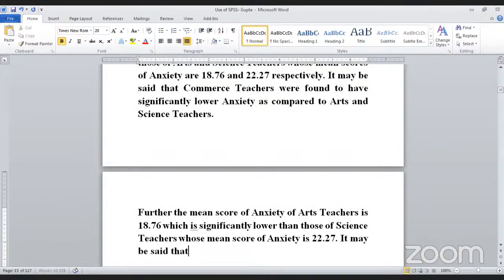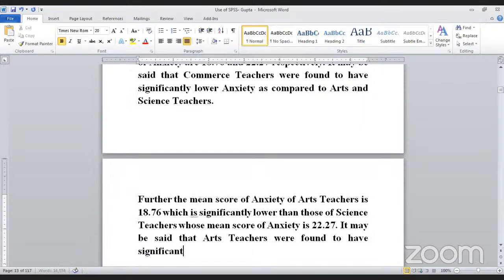It may be said that arts teachers were found to have significantly lower anxiety as compared to science teachers.